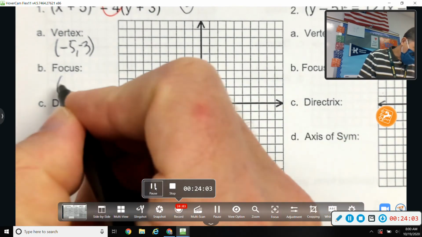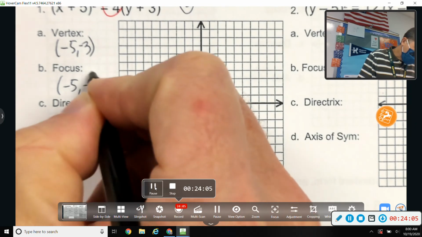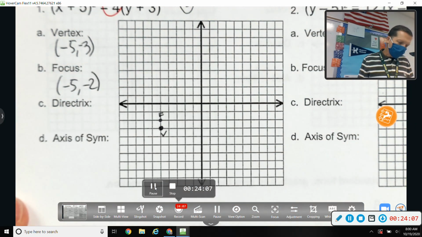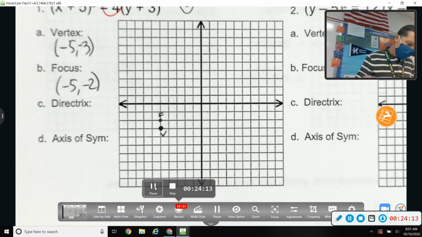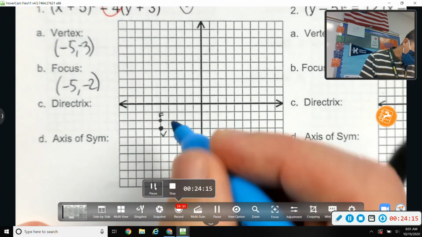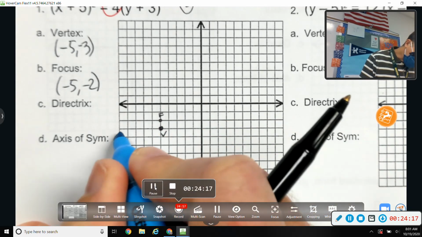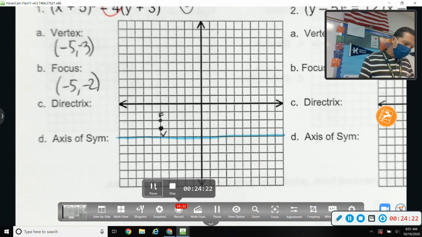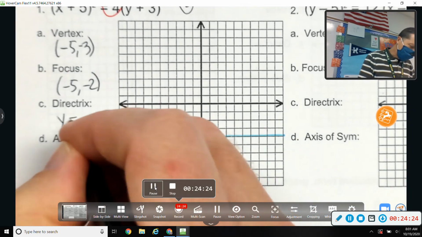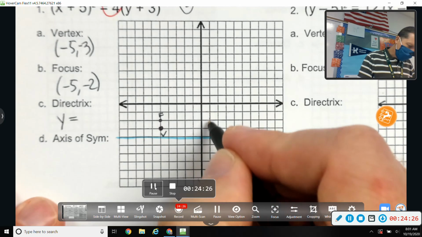So that would be at -5, -2 for my focus. My directrix is P away on the other side of the focus. So I'll go 1 away on the other side. It's not a point though, it's a line. So that's a y equals line at 1, 2, 3, -4.